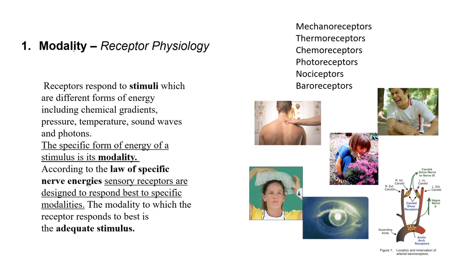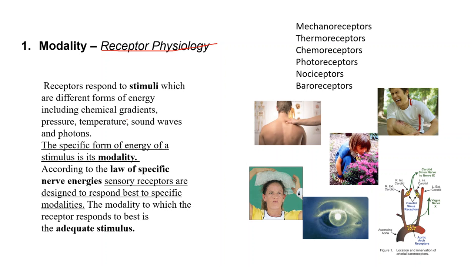Modality, which refers to the receptor physiology, refers to the fact that a specific form of energy can only be detected by specific receptors. Okay, and so basically, all sensory receptors are designed to respond best to specific modalities.